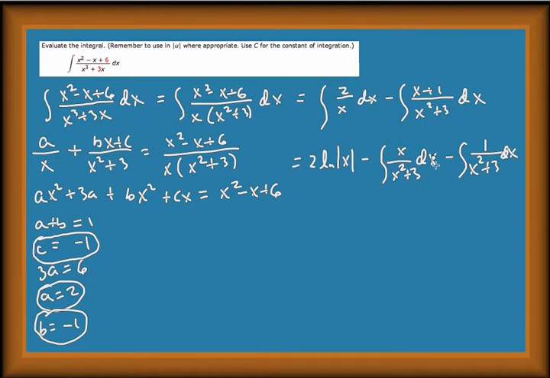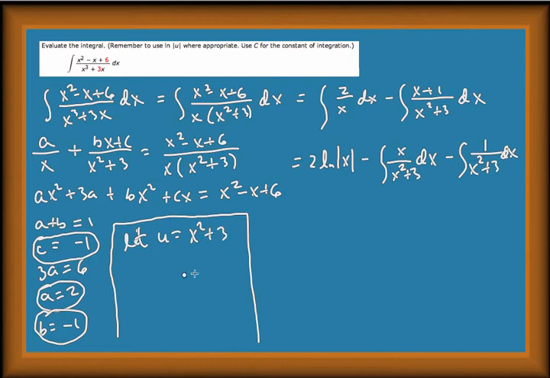Now in this first one here, we probably need to go ahead and do a substitution. So let's separate off a little piece of scratch paper here and say, okay, let's let u equal x squared plus 3. Then du would be 2x dx, and 1/2 du would be x dx.